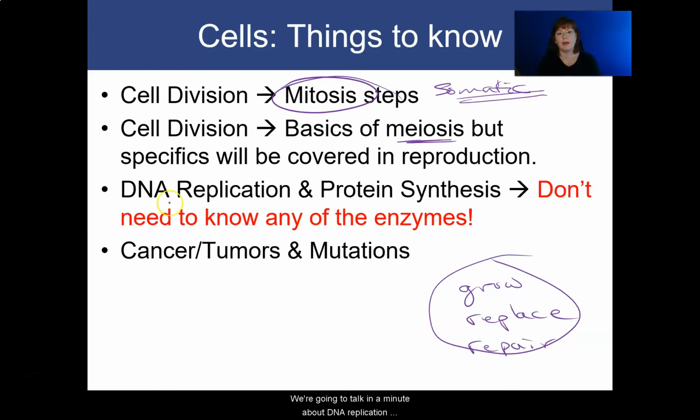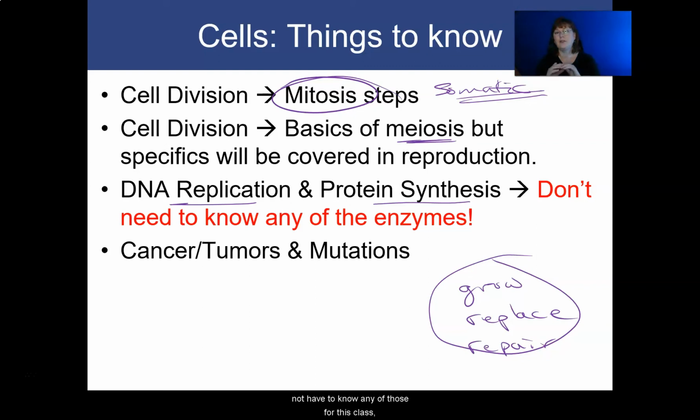We're going to talk in a minute about DNA replication and protein synthesis. These can be really complicated topics, and if you go online and start Googling videos, you can go down some pretty deep rabbit holes and start to feel overwhelmed very quickly. There are a lot of enzymes involved, a lot of proteins involved in both DNA replication and in protein synthesis.